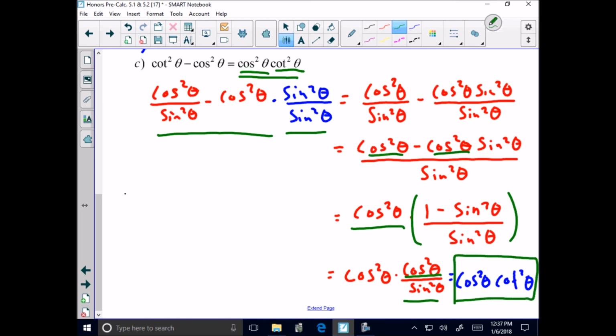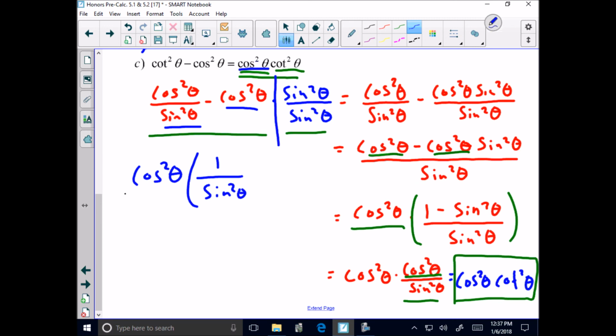Now there is a faster way to do this from this step, and that is to say, right here, I know that cosine squared is a part of my target expression, and if I cut this off, if I didn't worry about getting common denominators, I could immediately get that as a multiple if I factored it out of both of my terms right here. So I would have cosine squared theta times 1 over sine squared theta minus 1.